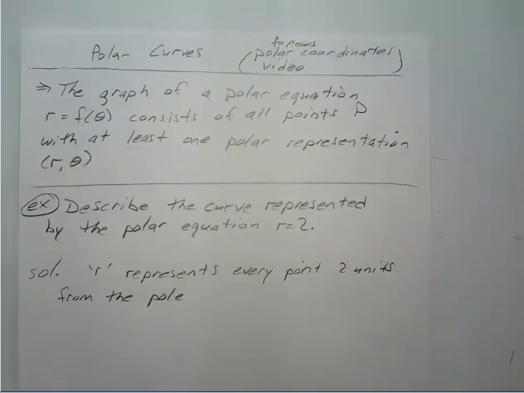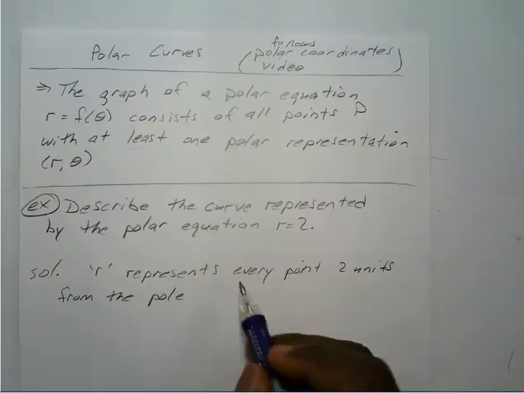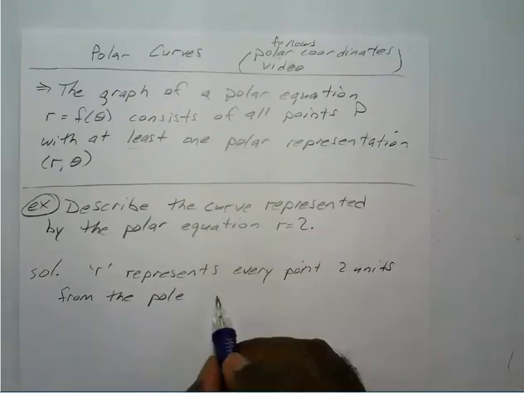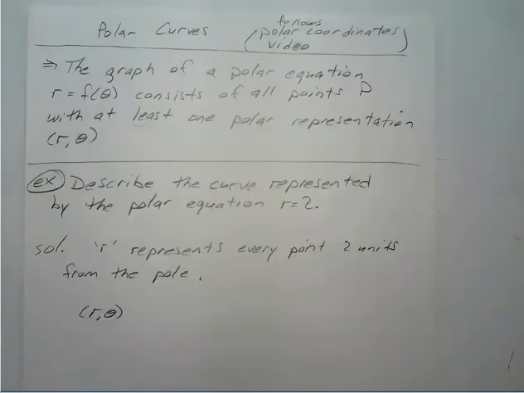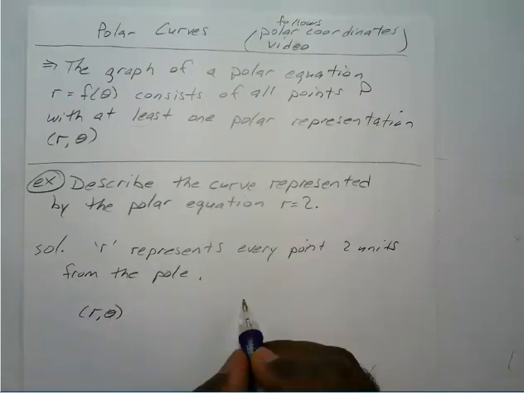Now, the fact that we don't have a theta, because normally we'd have an r, theta, that tells us it's r units from the pole, but theta units from the polar axis. But this one did not give us a theta, so that's why the r will represent every point. If they gave us just one specific theta, then that would be completely different, but they didn't.